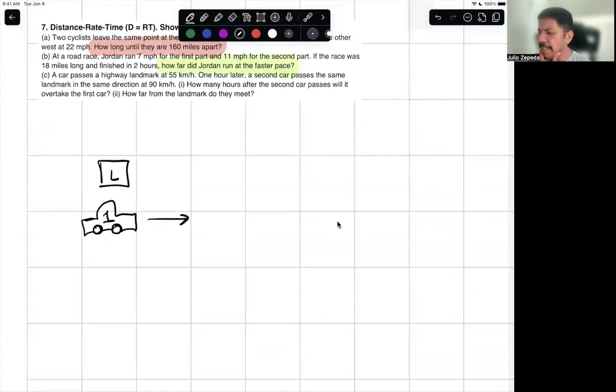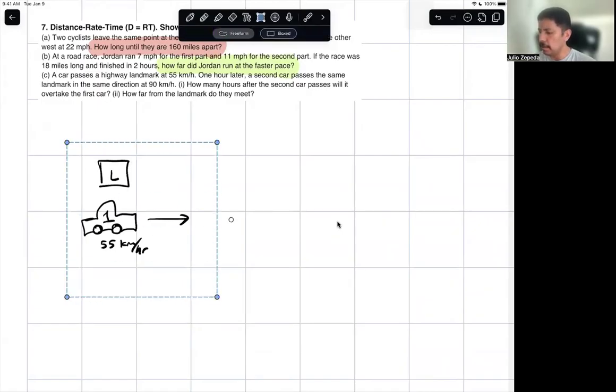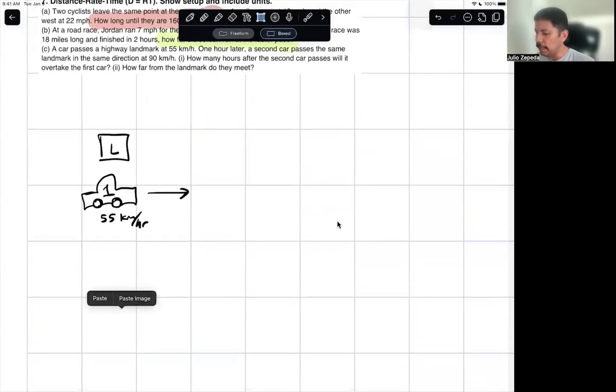What we know is that the first car passes at 55 kilometers per hour. And then 1 hour later, a second car passes the landmark.